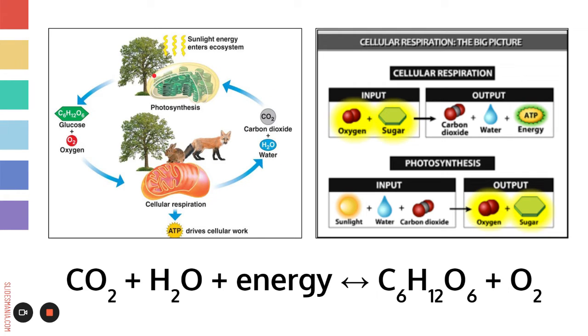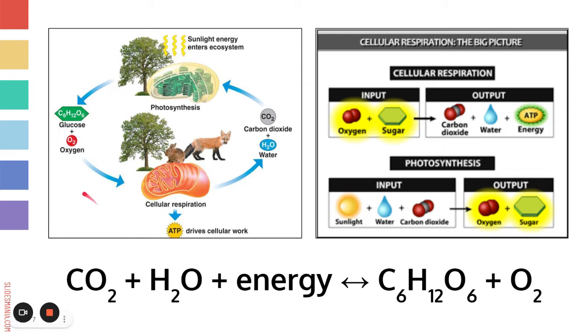We're using the energy from sunlight, and photosynthetic organisms are using those things to turn the carbon dioxide and water into these larger molecules called glucose. So, carbon dioxide plus water plus the energy from the sun gives you glucose, which is C6H12O6, and has oxygen as a byproduct.